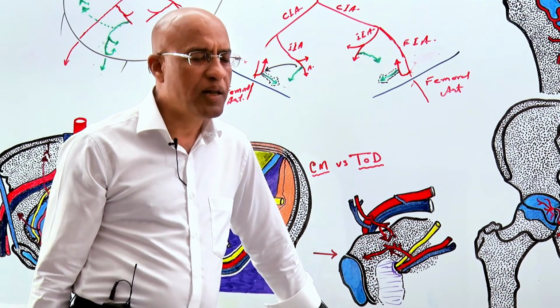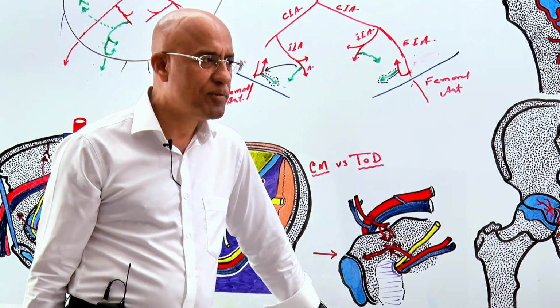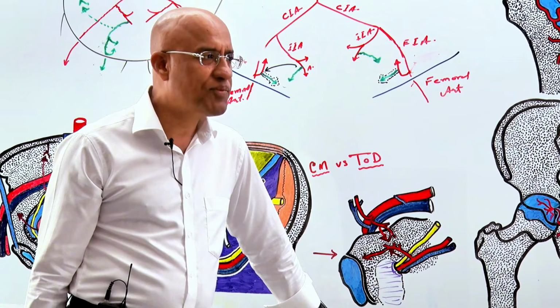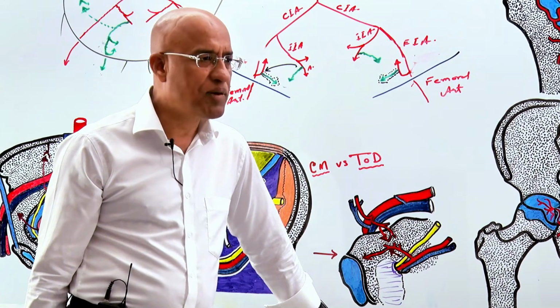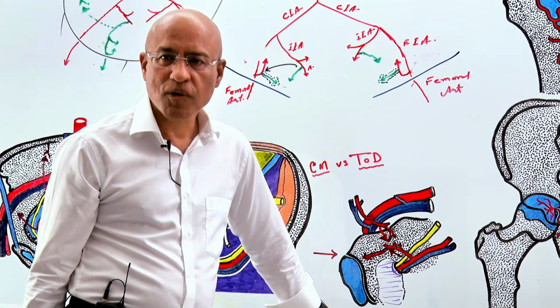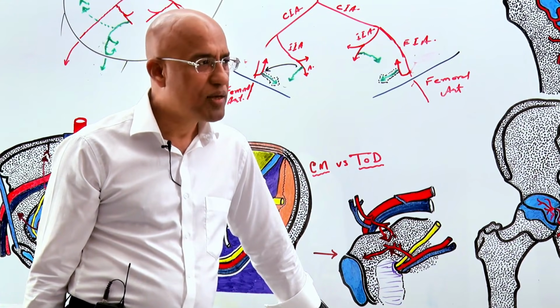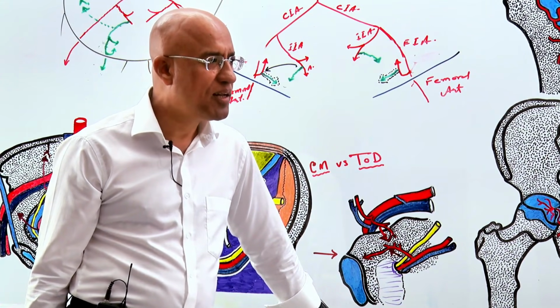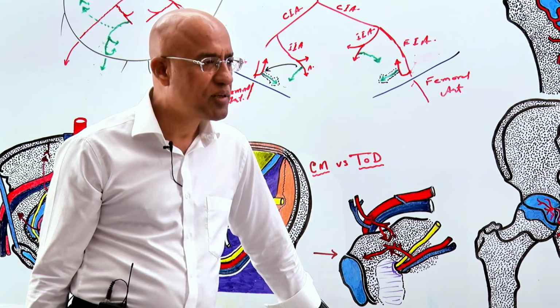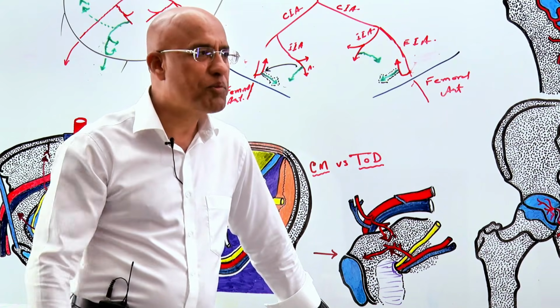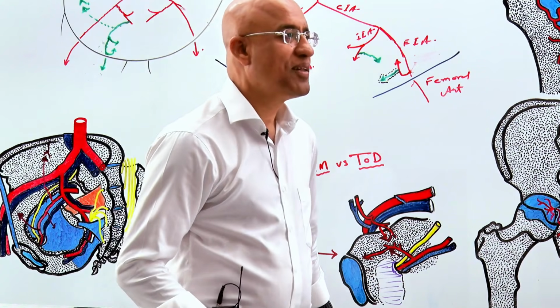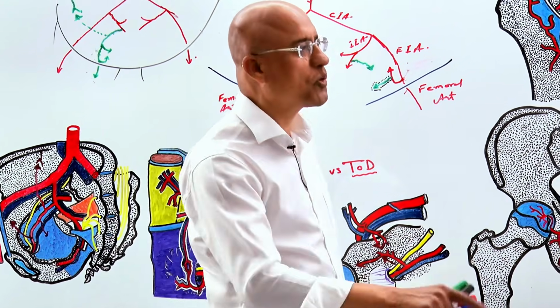Rather, most fortunate people don't have corona mortis. Less fortunate people have arterial corona mortis. Least fortunate people have venous corona mortis. And people who are really doomed, they have arterial and venous both corona mortis.